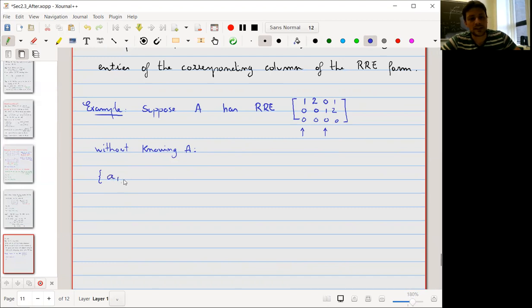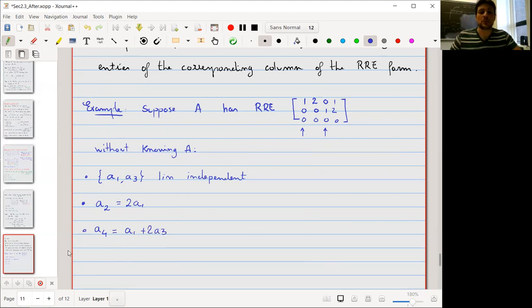So we know that the set A1, A3 is linearly independent. And we know that there are relations between the columns of A. A2 is equal to twice A1, and A4 is equal to A1 plus twice A3. It's a crucial property.